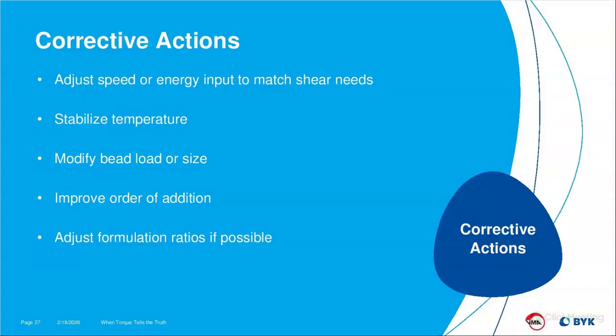We see this a lot when we do our lab trials, that maybe you add a particular material in a particular order that has an effect on how it begins the process, but it can also affect how it processes out altogether. So maybe improving the order of the addition of the material could be something to look at. And then if we need to, we can adjust formulation ratios if possible. So a couple of things that you can do there.